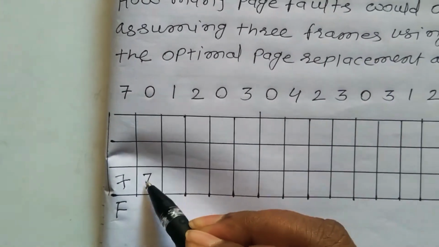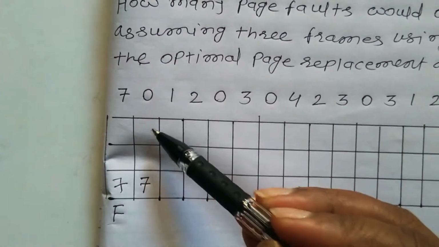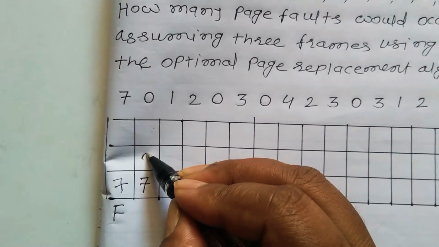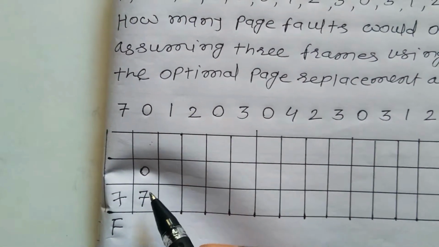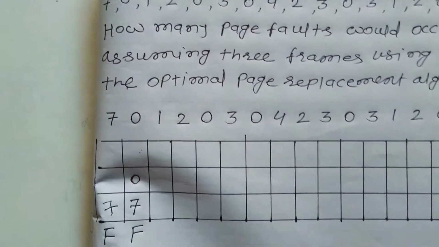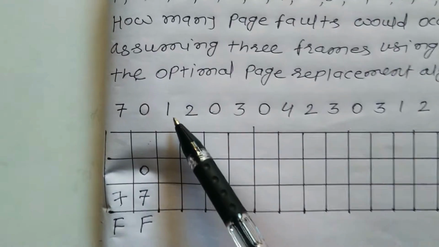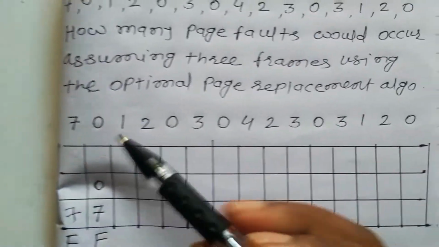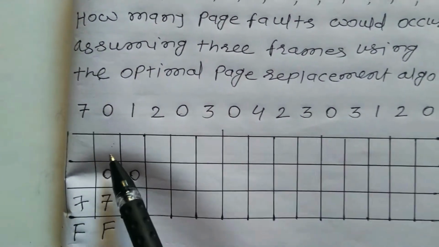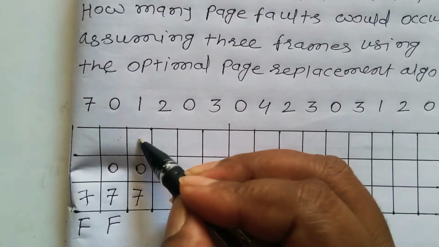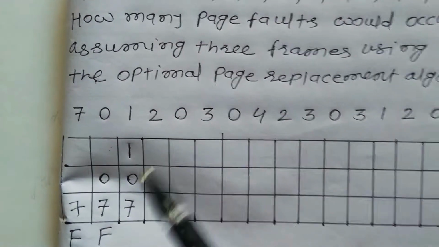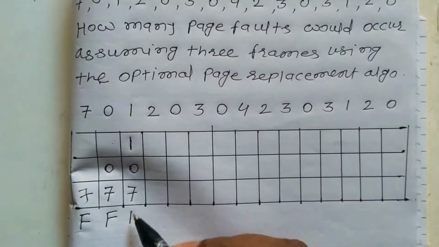This 7 is already there, but the other 2 frames are empty, so we can simply place this 0 in the second frame. Since this 0 is not in the main memory, this is a page fault. Now the next page is 1. Write down the previous pages as they are, and since this frame is empty, simply place 1 here. This 1 was not in the main memory previously, so this is a page fault.